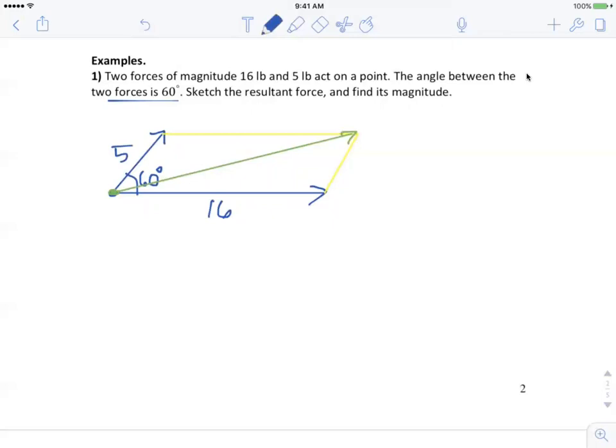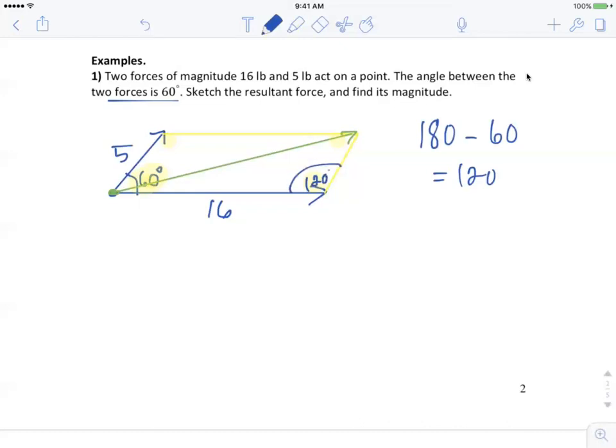So if this angle over here is 60, this one over here is going to be 180 minus 60, since that pair adds up to 180, and this pair up here adds up to 180. To figure out that angle down there, which I'll need, I do 180 minus 60, 120. So this angle right here is 120 degrees.